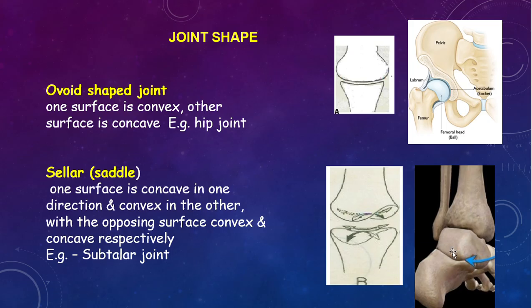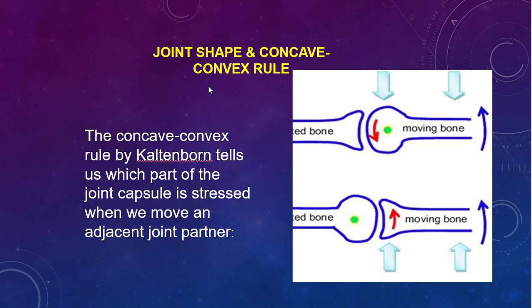So they can fit perfectly into one another. Such a joint is called a saddle joint. We need to understand the shape of the joint so that we can predict almost correctly what will happen after mobilization or manipulation in a joint. The shape of the joint determines the result that we get.